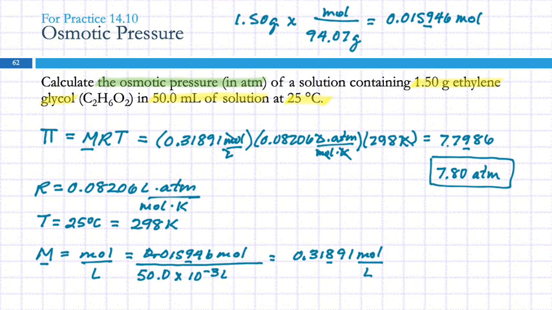Did I do it right? No? I think the molar mass is right. 62.068. It's around, I think it's around 62. 2 times 12.01.